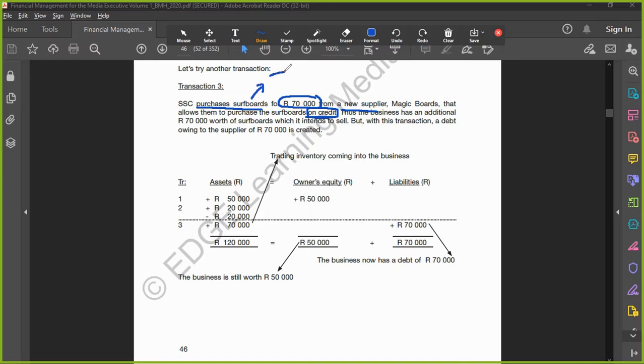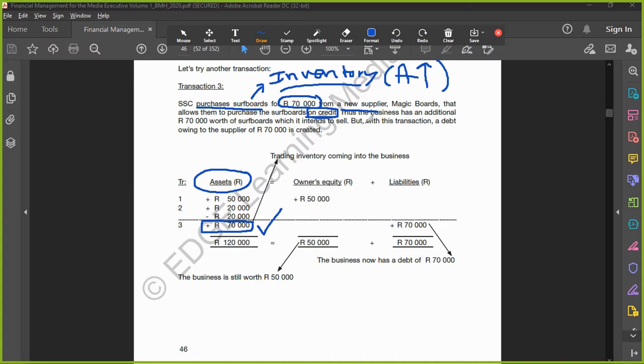You should know that surfboards is inventory because it's going to be sold. If I'm buying more surfboards, what happens to the inventory? Inventory is an asset, so it's going to go up. Assets going up 70,000.